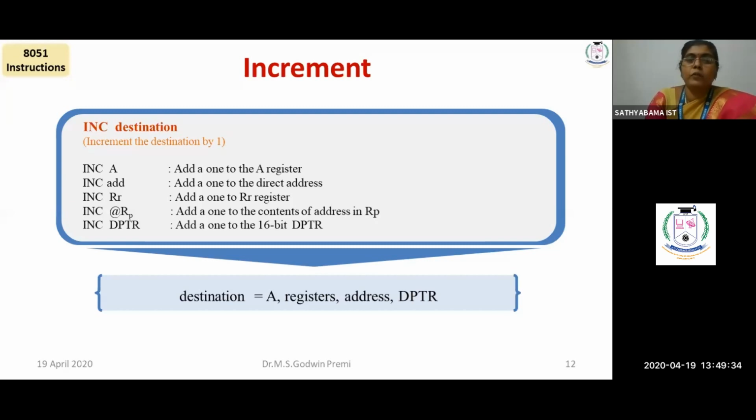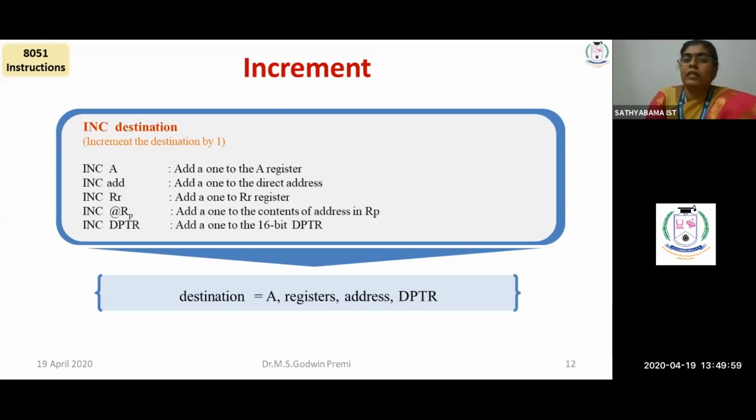So when we use increment DPTR, actually we are incrementing the DPL, data pointer lower byte, and DPH, data pointer higher byte. So DPL only will be incremented, but if there exists a carry, then DPH will be incremented. So INC DPTR means add 1 to the 16-bit DPTR.